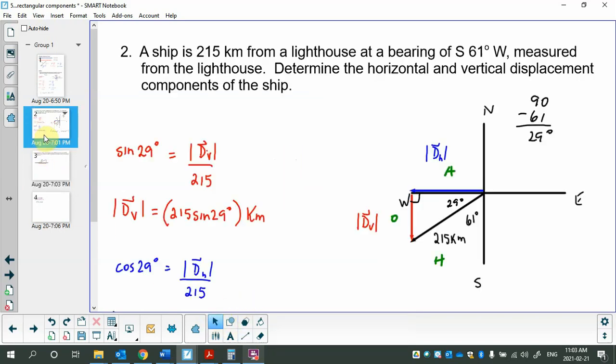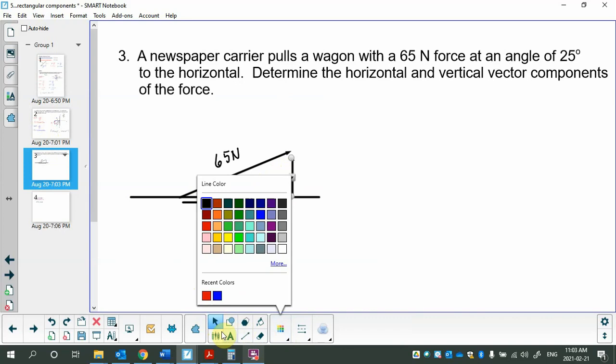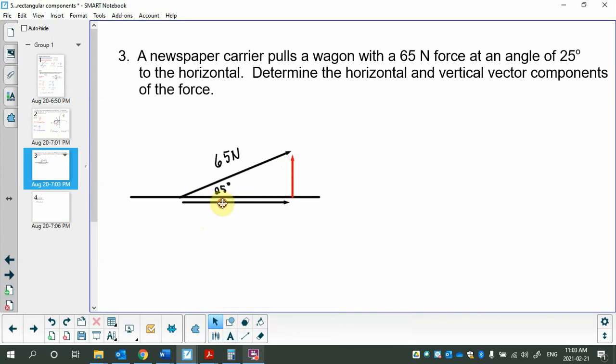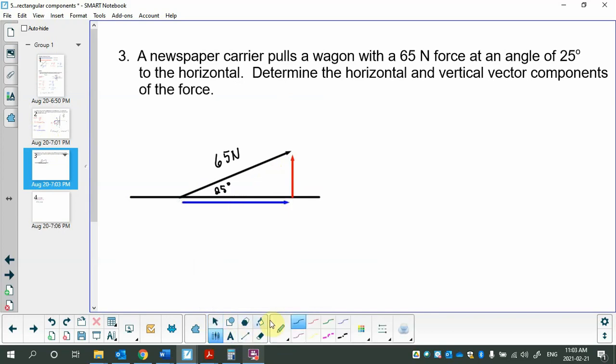And if I check, vertical is red, which makes horizontal blue. And thankfully, my angle is in the right spot. So these are forces, so I'm going to label this. This is the vector force that is vertical. This is the vector force that is horizontal.